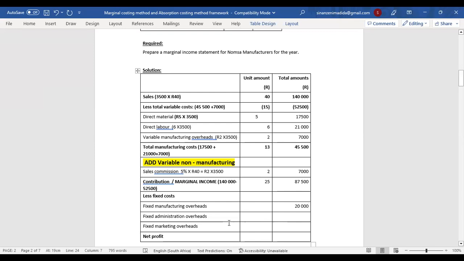Then our administration overhead, fixed administration overhead is 23,000. We are given the total. We can calculate per unit. Then the last line of fixed marketing overheads is 25,000.